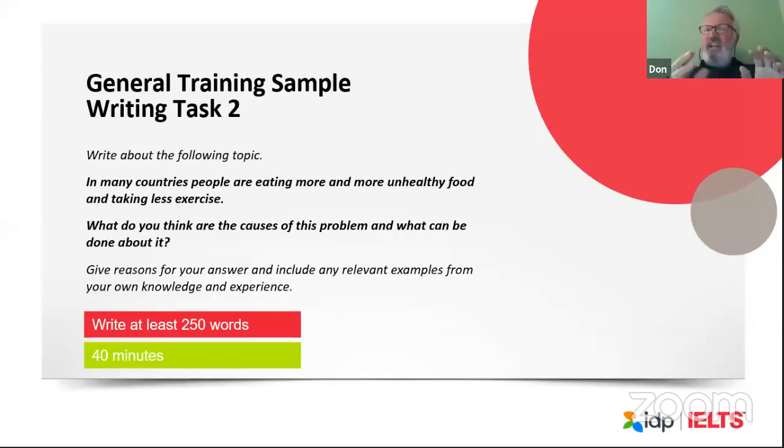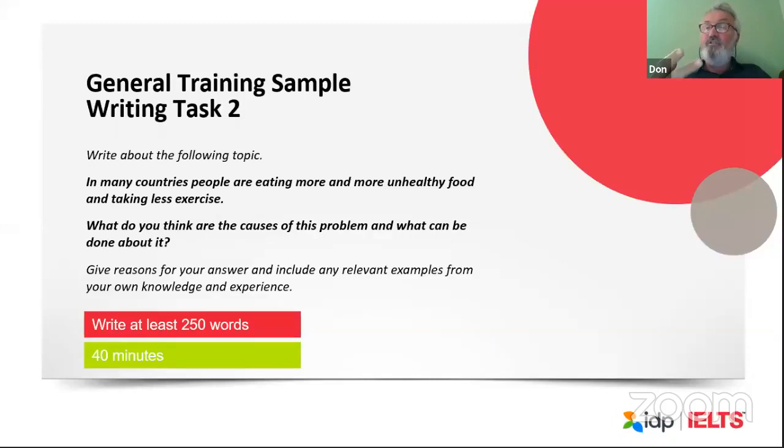Now, this is not an academic question. This is a question about everyday life and lifestyle. And that is the difference between a general training and an academic task. Here, the response is quite complicated. You have to give reasons for people eating unhealthy food and reasons for people taking less exercise.